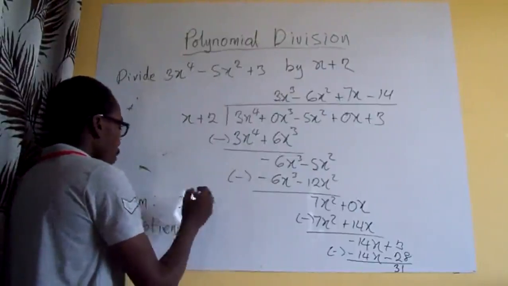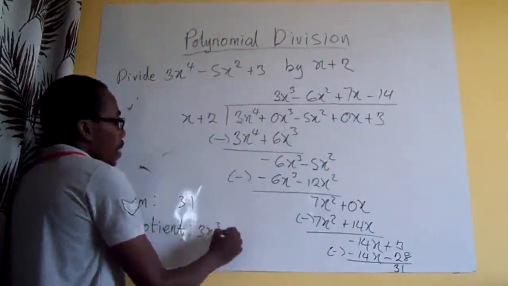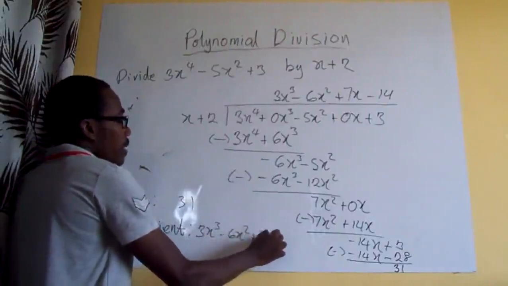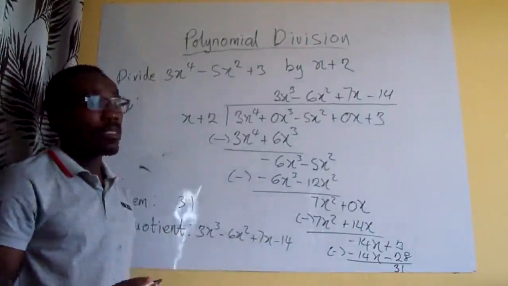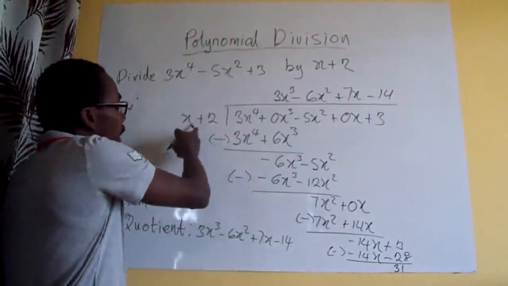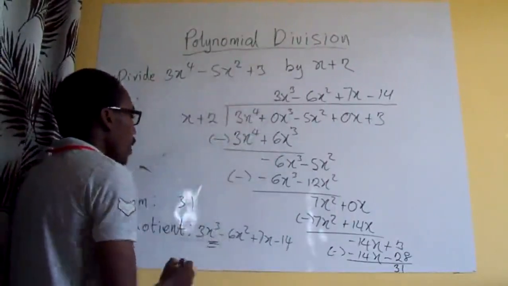So our quotient becomes 3x cubed minus 6x squared plus 7x minus 14, as simple as ABC. Okay, it's very simple, very simple. And so we have our divisor, we have our dividend, we have our quotient. Okay, so this refers to as the quotient.